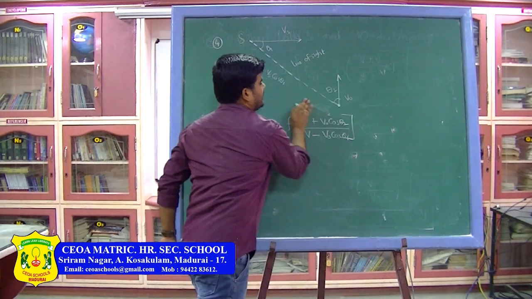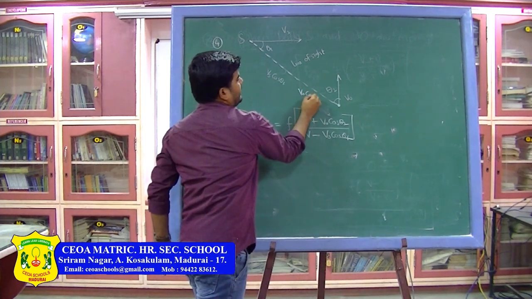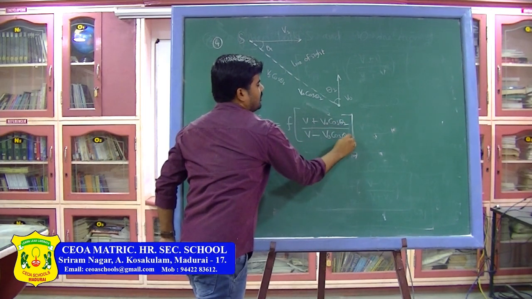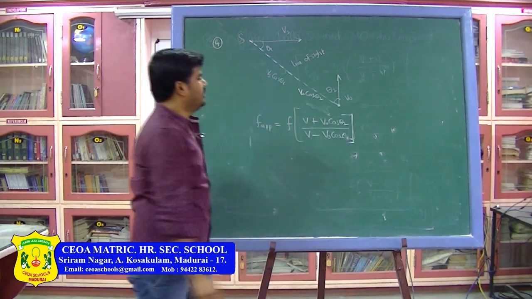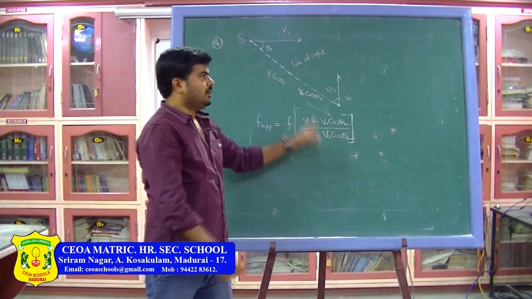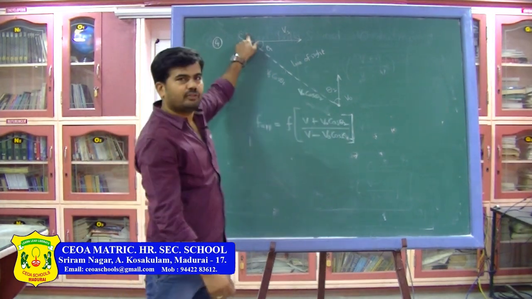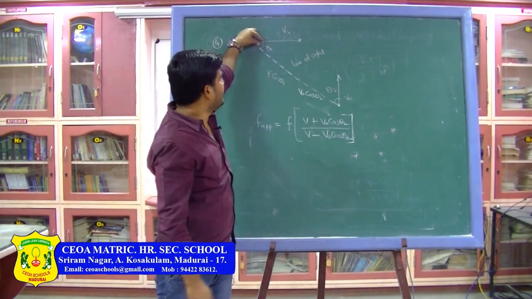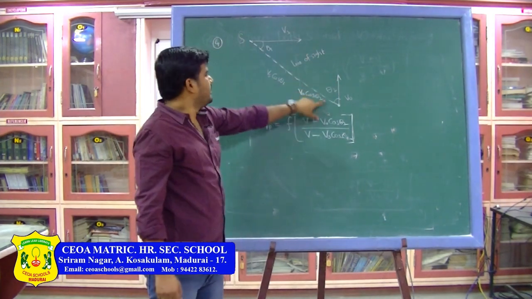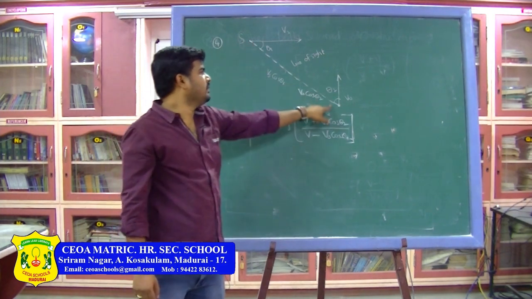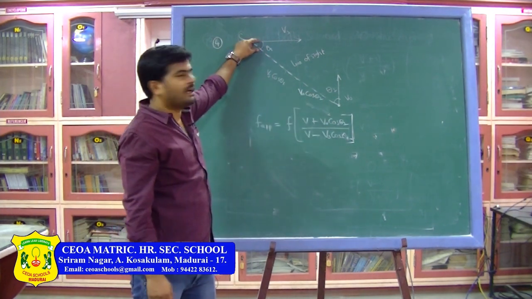This is the formula for calculating the apparent frequency when the source and the observer are not moving along the same line, that means they are moving in different lines. You can take the line of sight direction between source and observer, define the angles, and then find the components of speed of source and observer using those angles.